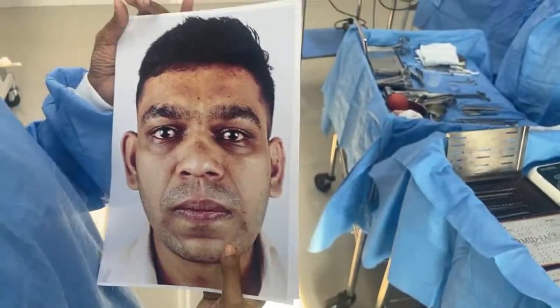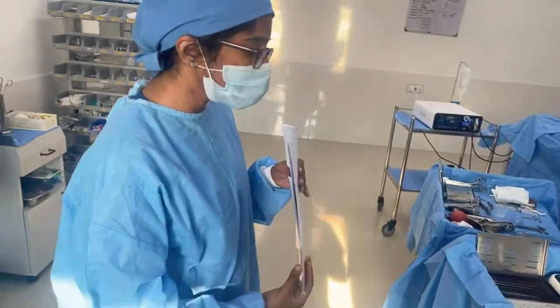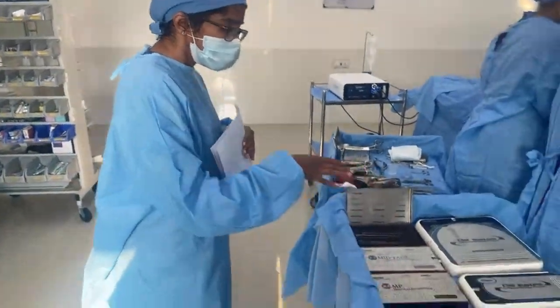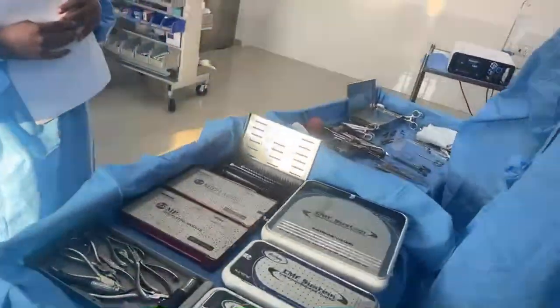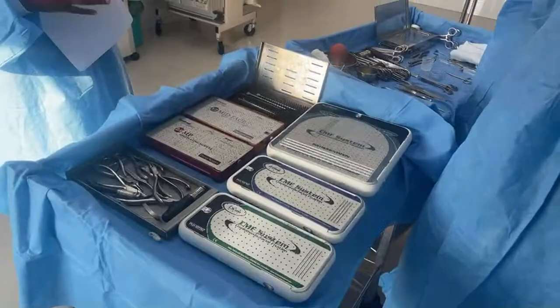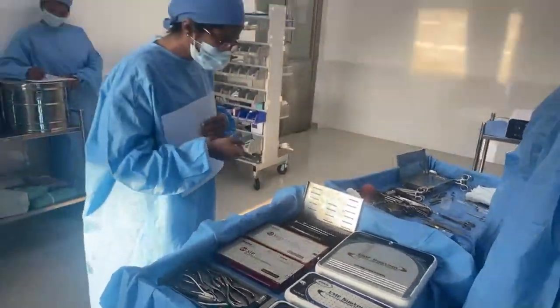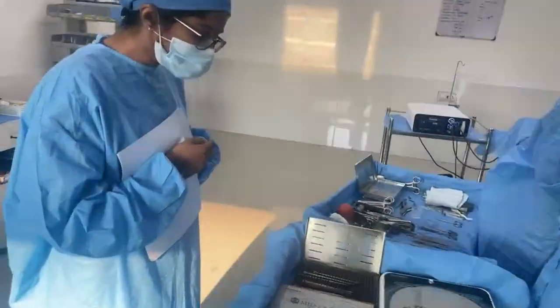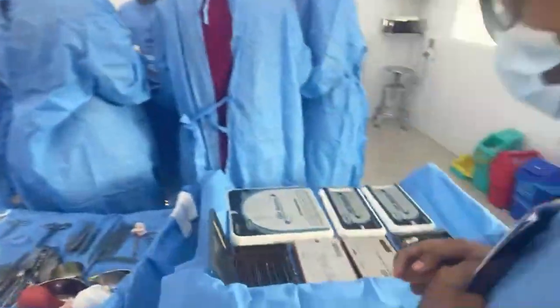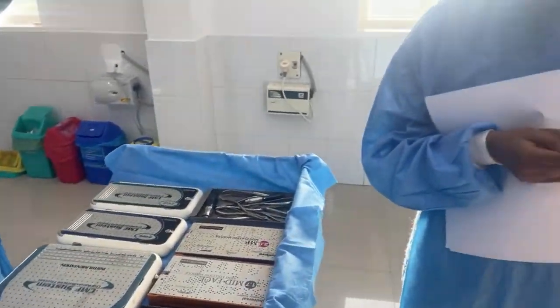Next, moving on, there is fixation: plates and screws, the systems that you see here. What is open right here is what we call an osteotome.